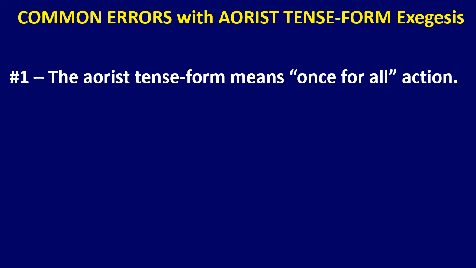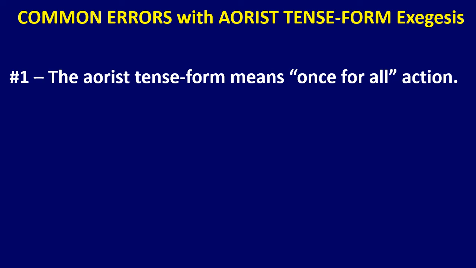Now you might say, well, why do people hold to this common error that the aorist tense form means once for all action? Usually they say in past time. Well, that's because in years past, really prior to the early 1990s, there was not a lot of scholarly study done on this issue of aspect that has clarified for us this distinction between aspect, action start, and time.